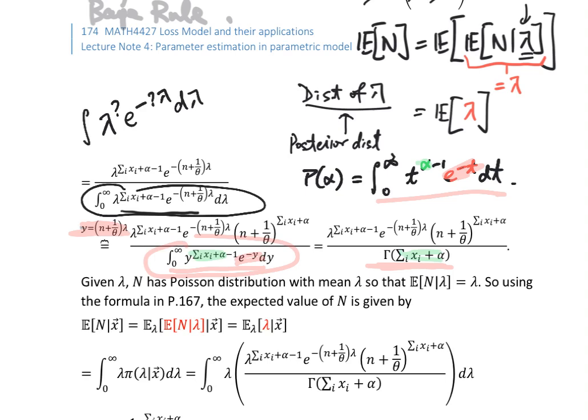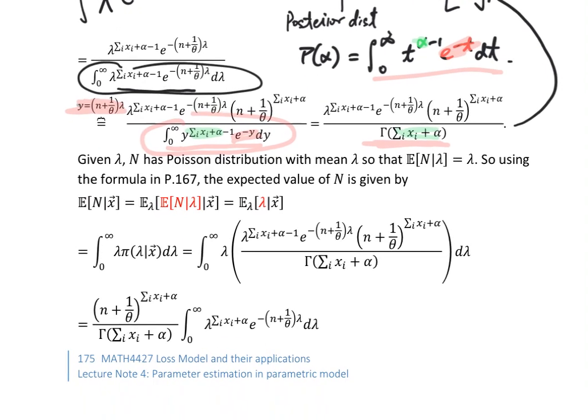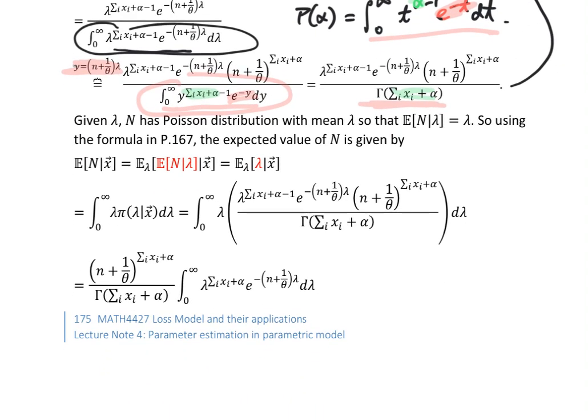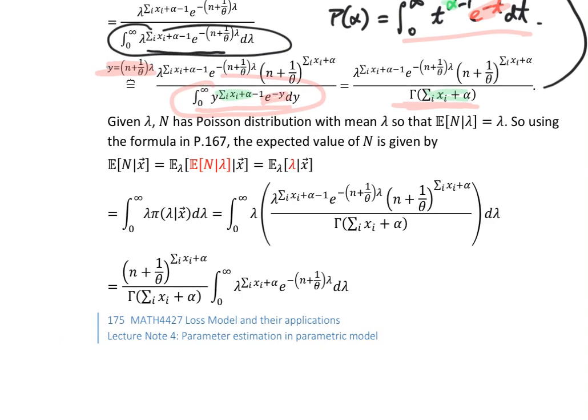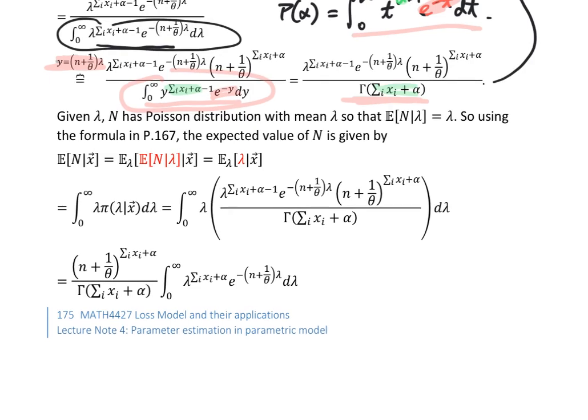Given this posterior distribution, you can now go back to the computation of the expected value. To get this expected value, this is the form: lambda multiplied by the posterior distribution, and then you integrate from 0 to infinity.